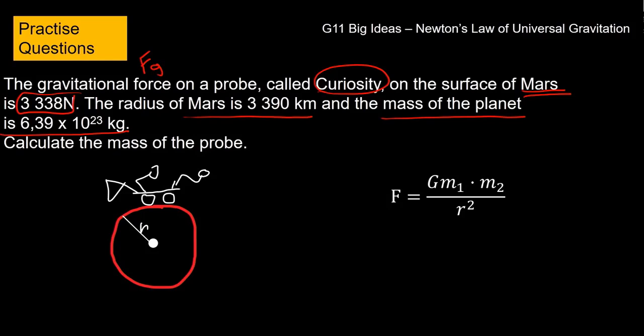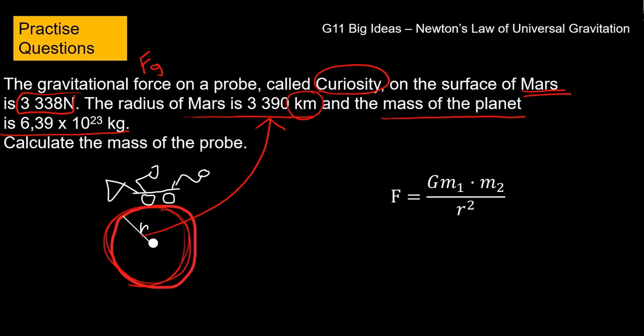So here I've drawn the probe on Mars, and I've made it red because Mars is red. The radius of Mars they've given to us, it is over here. What do you notice? See that it's in kilometers. So we need to be aware of that.